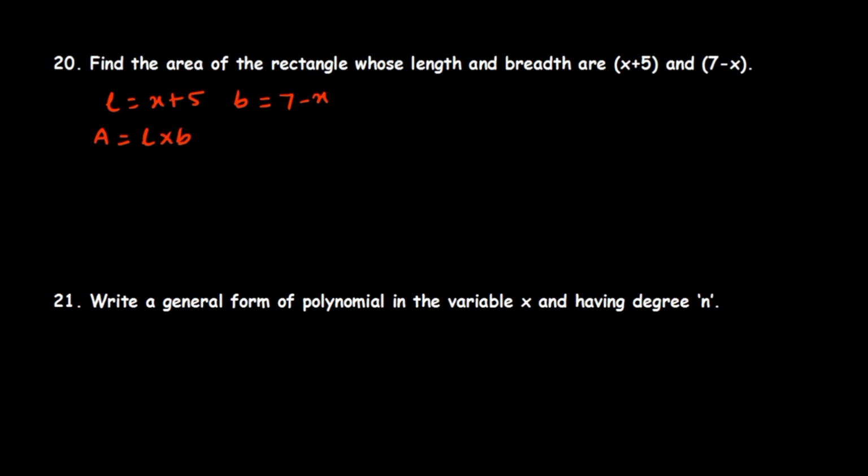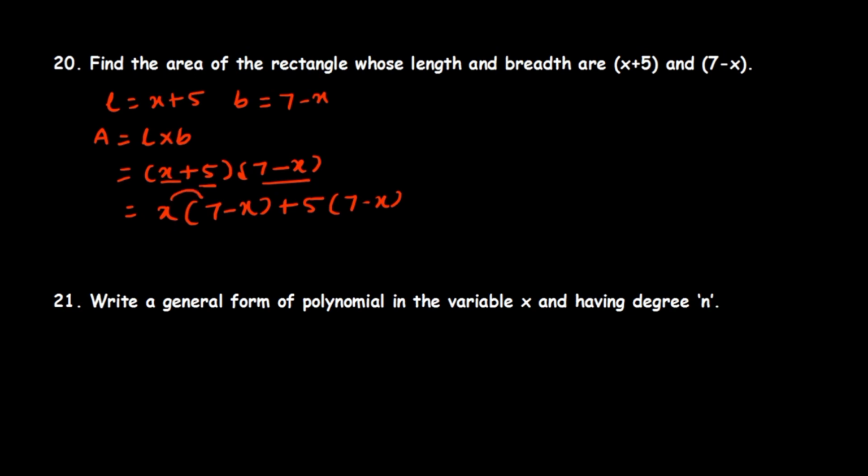Then what is L here? x plus 5. And what is the breadth? 7 minus x. So x into 7 minus x, plus again 5 into 7 minus x. Now 7 into x, 7x minus x square, right?